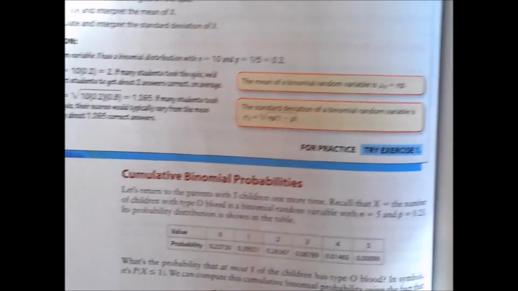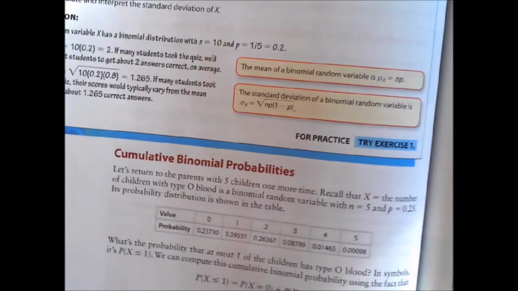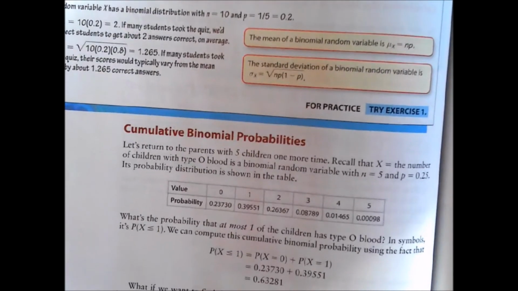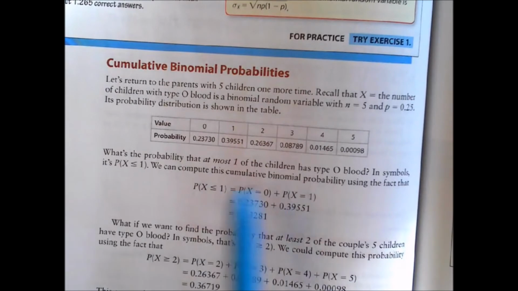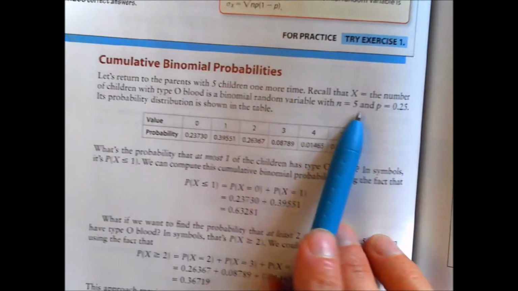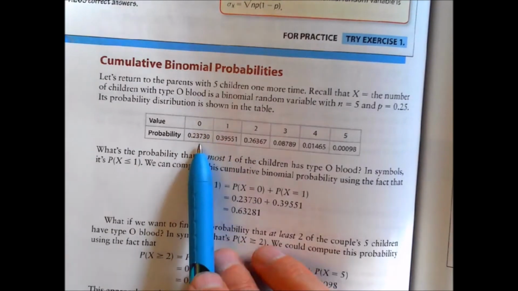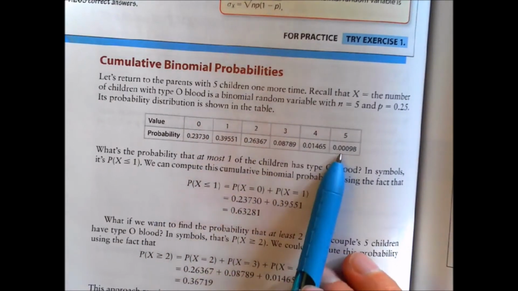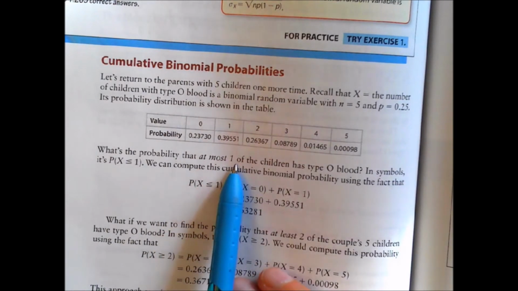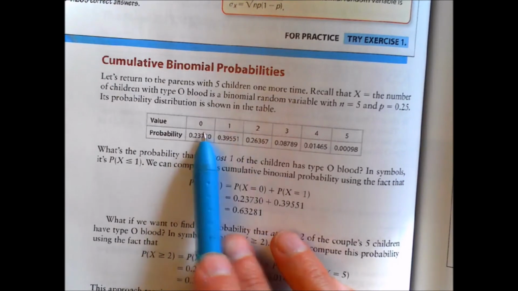Okay, so next we're going to find some probabilities with these. If we look at this distribution, going back to the 5 children with type O blood, with n and p, these are all those probabilities we found. If I want to find the probability of at most 1, at most 1 would mean 0 or 1, so these 2.